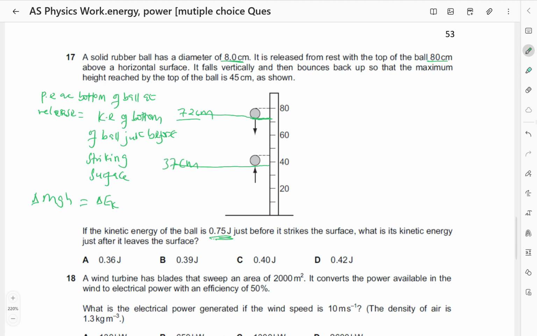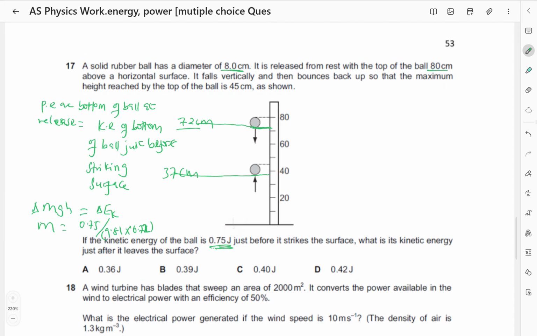So let's first find the mass here. So the mass is going to be equal to the kinetic energy, which is 0.75 just before it strikes the surface, divided by g, which is 9.81, times the height. It has fallen through a height of 72 centimeters, so it will be times 0.72.